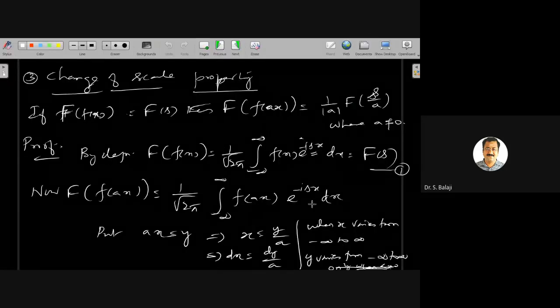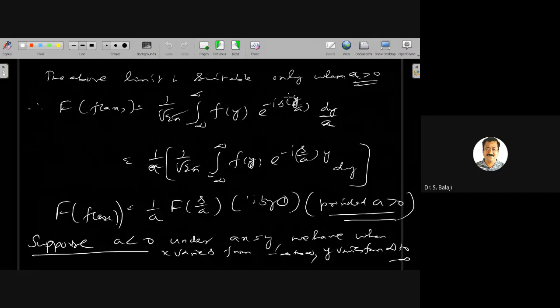Here a f(y) e^(-isx), x is equal to y by a, and dx equal to dy by a. Substitute. Now we club this a with s, s by a and y, to maintain the Fourier transform definition. We club a with 1, and 1 by a take it outside: 1 by a, 1 by root of 2 pi integral minus infinity f(y) e^(-i(s/a)y) dy.